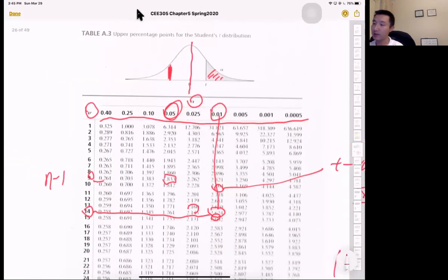Right, so that means the t value here is 2.624.